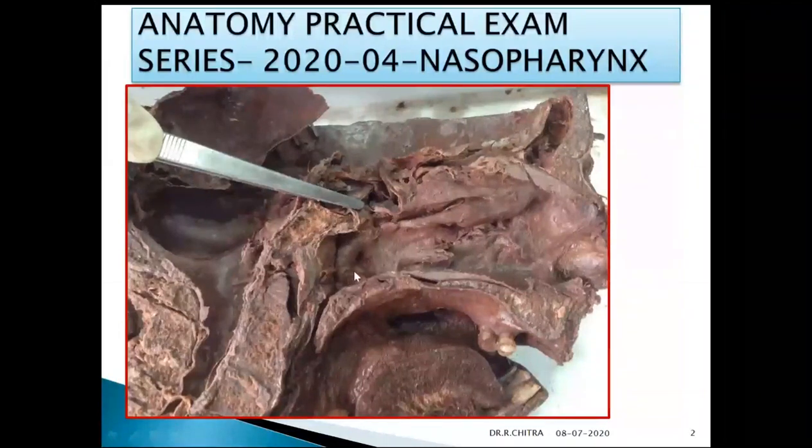Then from the tubal elevation, if you see, two mucus folds extend from the elevation. This is the salpingopalatine fold and this is the salpingopharyngeal fold. So two mucus folds extend from the tubal elevation.